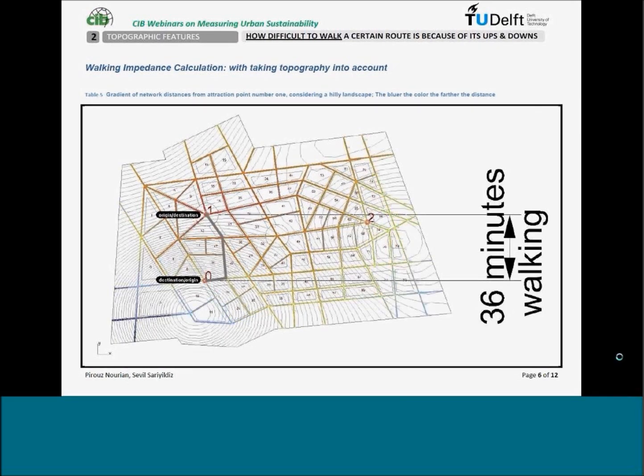And the same trip between the same pair of origin destination points, when we consider a hilly landscape, takes 36 minutes. And you see, this is something we all intuitively know, of course, but it is important to have a method for its automatic calculation. I should let you know that such a measurement is not available even on Google Maps yet.